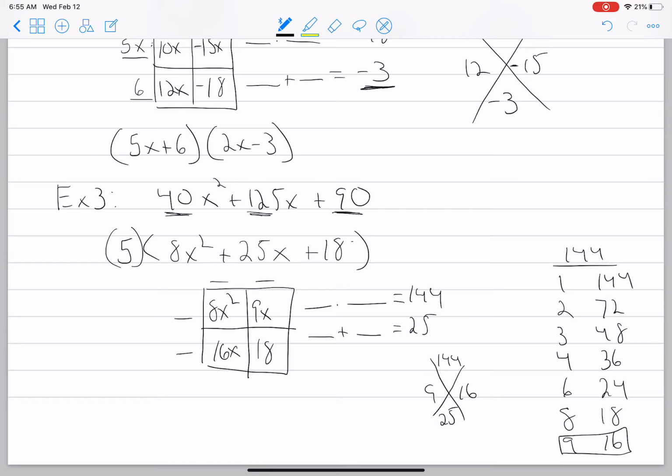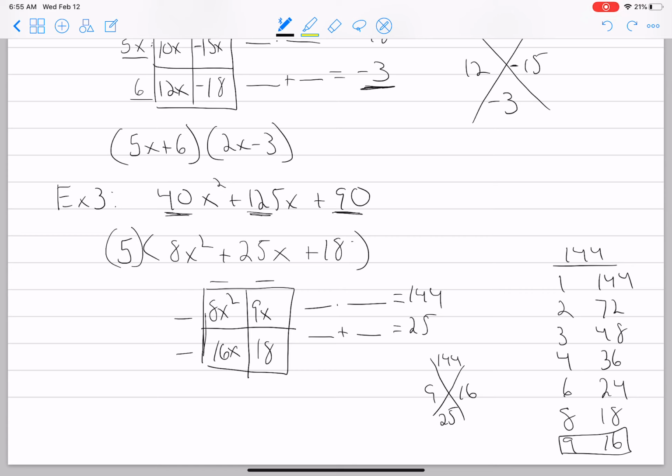To get 8, 2 times 4, right? These are multiples of 2, which is good. These are not multiples of 4, so that's not good. These are multiples of 4, which is good. But again, these are not multiples of 2, so that's not going to work for me. My other option to get 8 is 1 times 8.